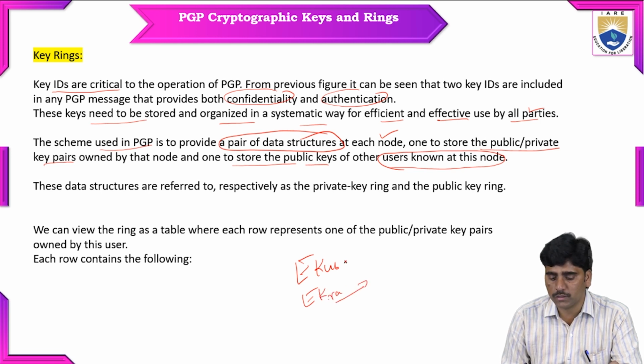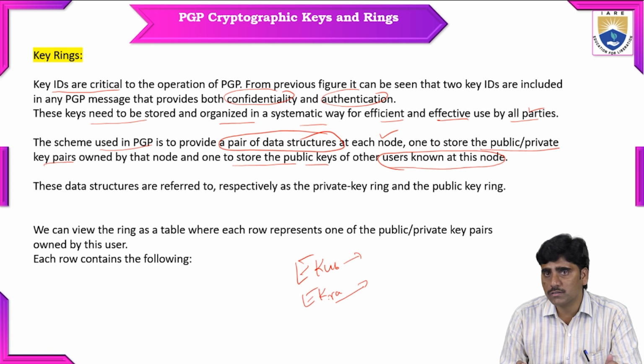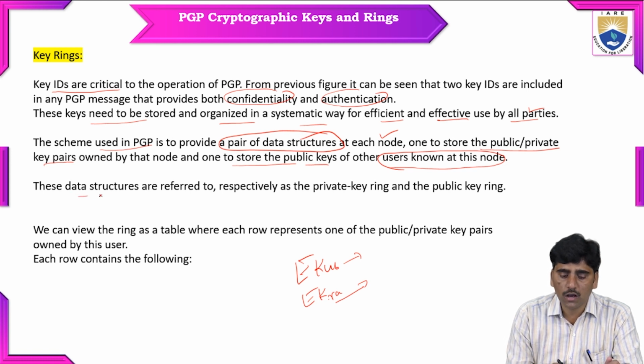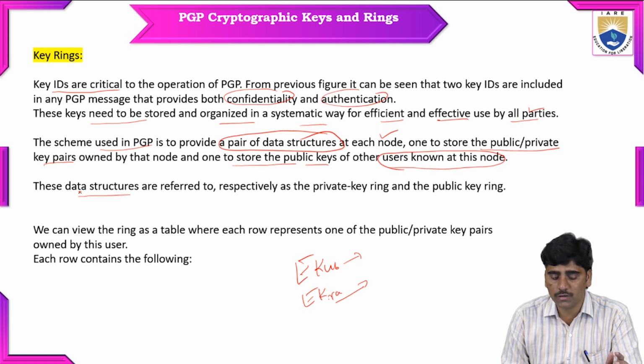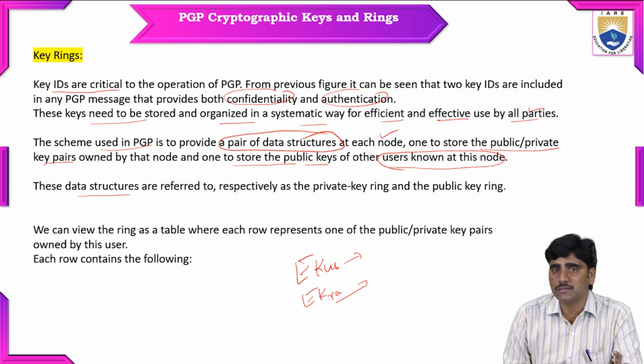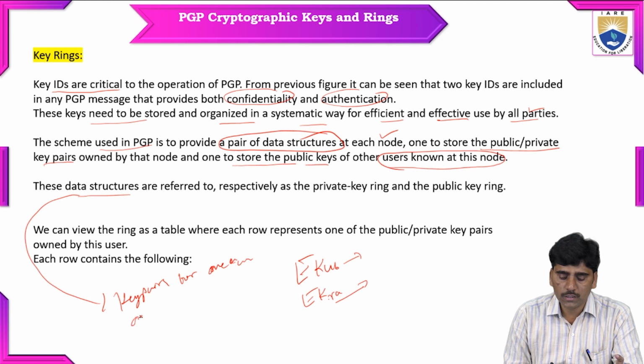For other users, the node maintains public or private key pairs, and other users maintain the public keys for that node, one public key per node. Key rings are referred to as the data structures which maintain key pairs for one user, and public keys for another user.